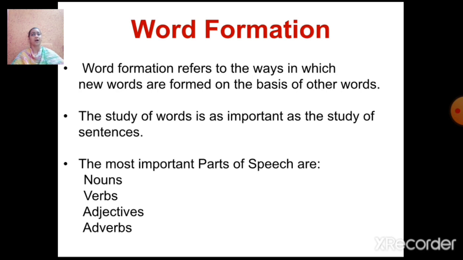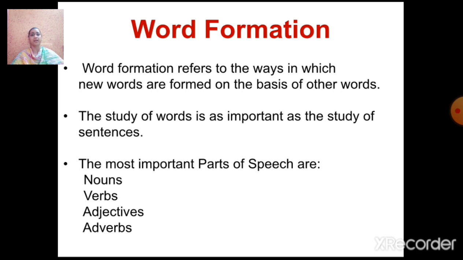Now, out of them, the most important are nouns, verbs, adjectives, and adverbs. The other 4 are important, no doubt, but they help the nouns, verbs, adjectives, and adverbs.